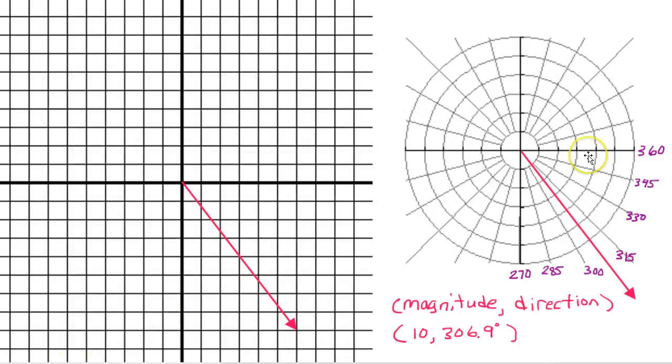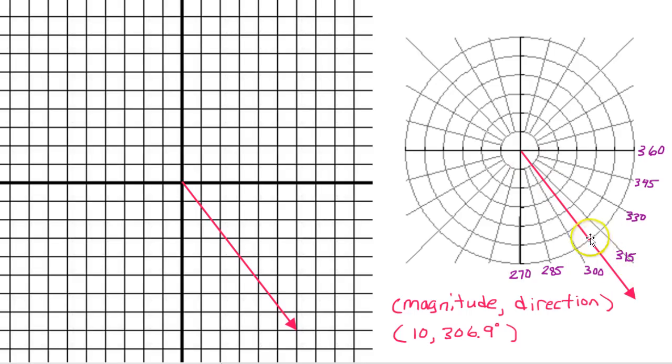Now, graphing this using the magnitude and direction of 10, 306.9 degrees. Here I've labeled this quadrant increasing by 15 degrees each time. And notice the 306.9 degrees here, I've graphed it in between 300 degrees and 315. It's going to be pretty close to the middle.